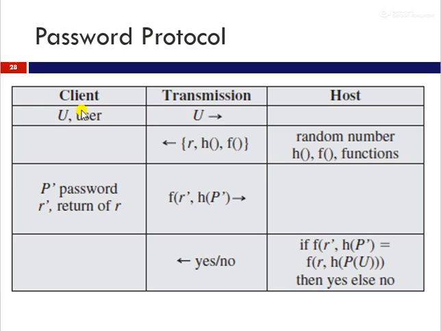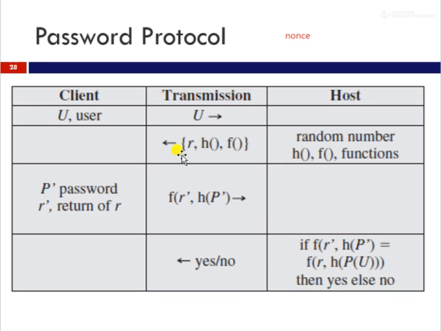The client or user will send his identity or user ID to the host. The host can be a server. Once the host receives the user ID of this client, the host will generate a random number. This random number is sometimes also called a nonce. The host will generate a random number or nonce and send it back to the client.